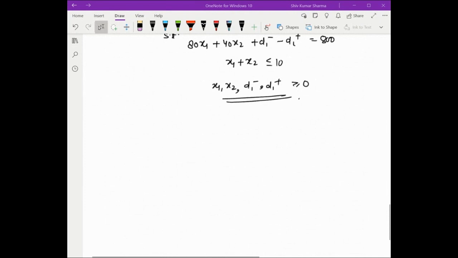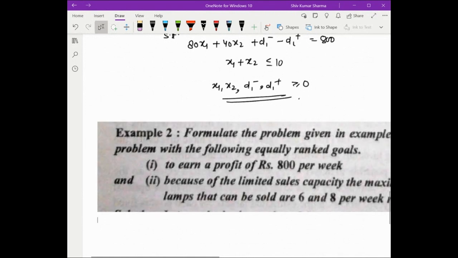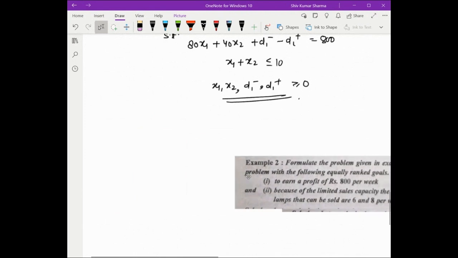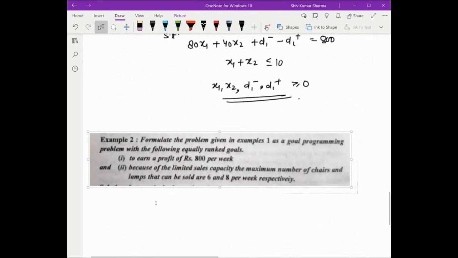Now for the second problem, in the same problem we add some other points. So this is the second problem.